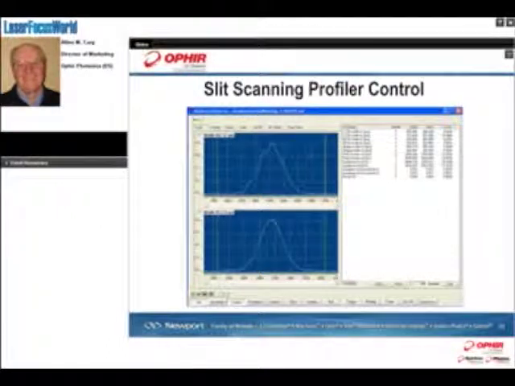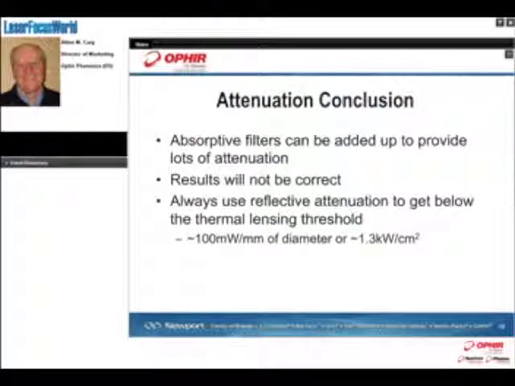Here we have a scanning slit, no attenuation, no external influences on the beam, and in fact the correct measurement is 850 or 900 microns. And so as you can see, if you don't do the attenuation correctly, you can have some very erroneous results.